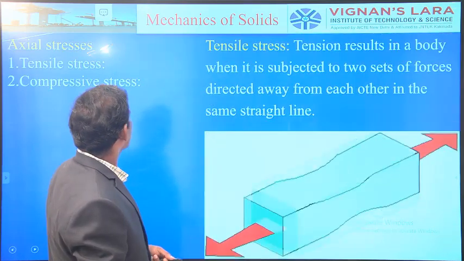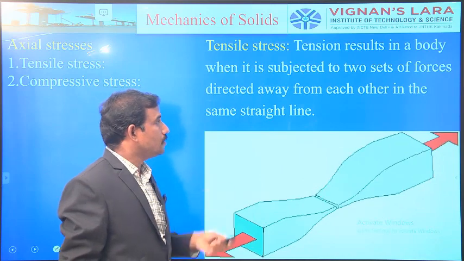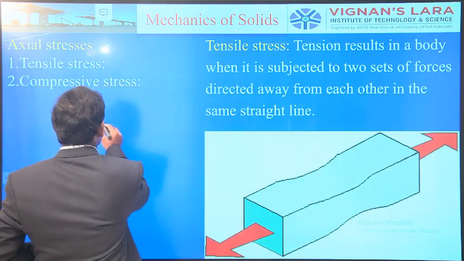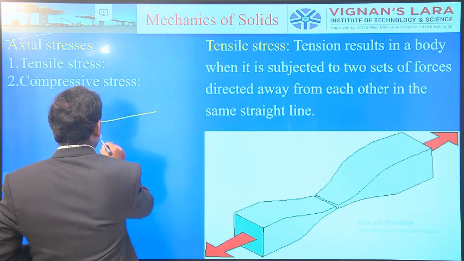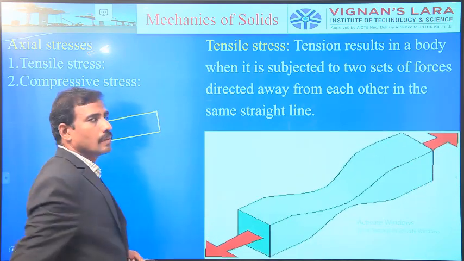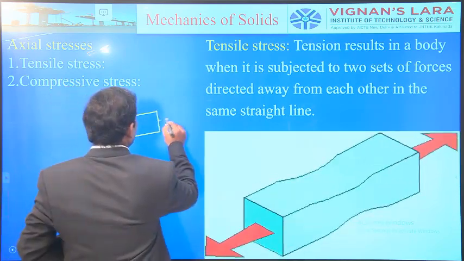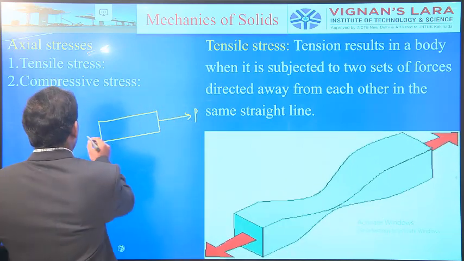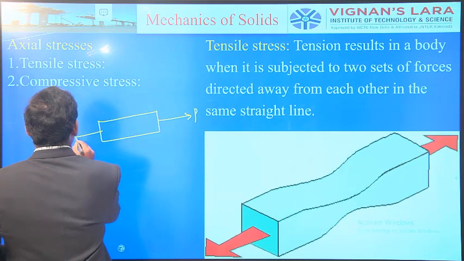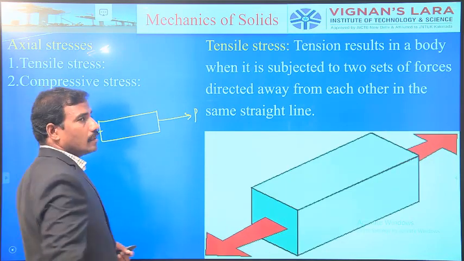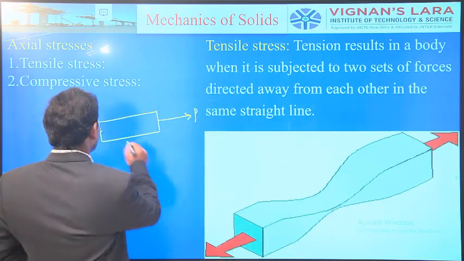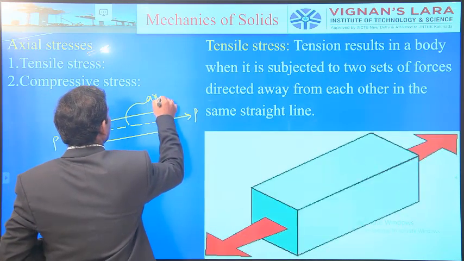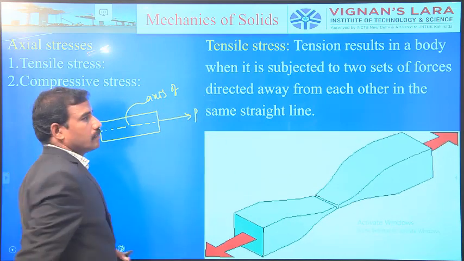So particularly, let us consider this is a body. A force of magnitude P acts axially towards the right, and one more force of the same magnitude acts in the opposite direction, axially. This is the axis of the structural member.